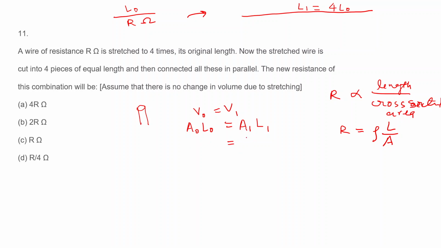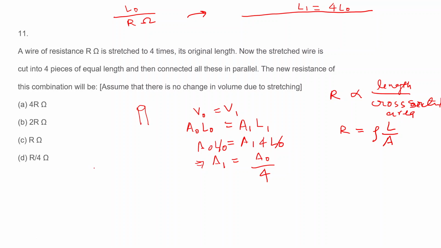So A1 times L1, which is 4 times L0, equals A0 L0, that means A1 is, L0 will cancel, A0 by 4. This is my new area of cross section, A0 divided by 4.